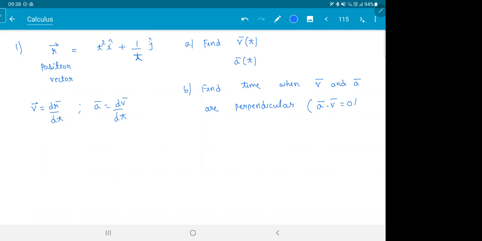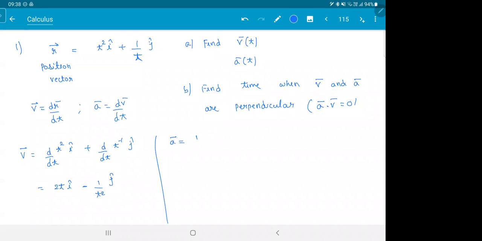Show you. First one, see. Velocity vector, differentiate t square I cap. 1 by t is t power minus 1 j cap. So this would be 2t I cap. This would be minus 1 by t square j cap. That is t power minus 1 minus 1. No? That will be t power minus 2.